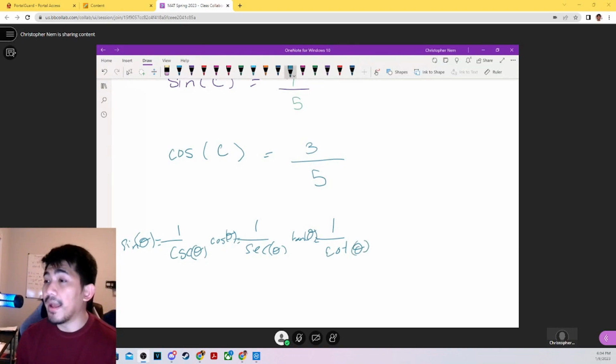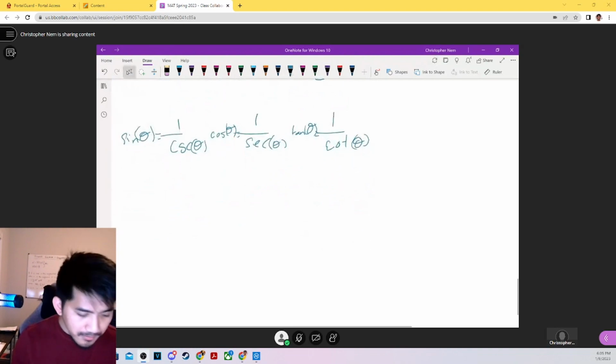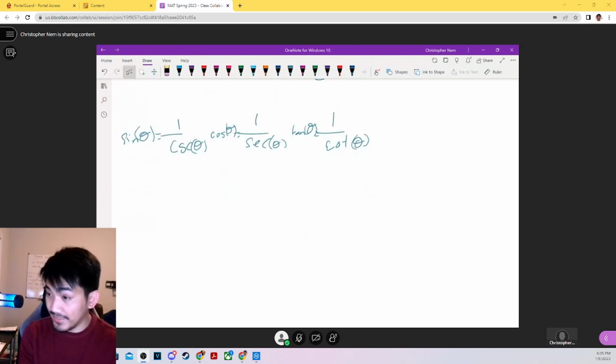And when I say reciprocal, we can also just flip the numerator and denominator. When they say 1 divided by something, that literally means you're going to swap the numerator and denominator, if you haven't known that by now from pre-calculus algebra. So you're able to calculate all of these now.